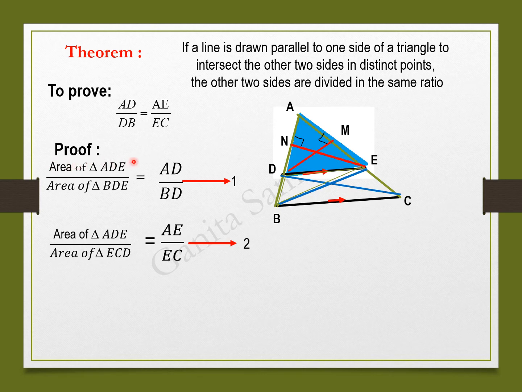In the numerator we have got area of triangle ADE. Here also we have got area of triangle ADE. So both are same, no problem. But in the denominator here we have got area of triangle BDE and here we have triangle ECD, BDE and ECD. Now if we can somehow prove that these two areas of triangle BDE and triangle ECD are one and the same, then our problem is solved.